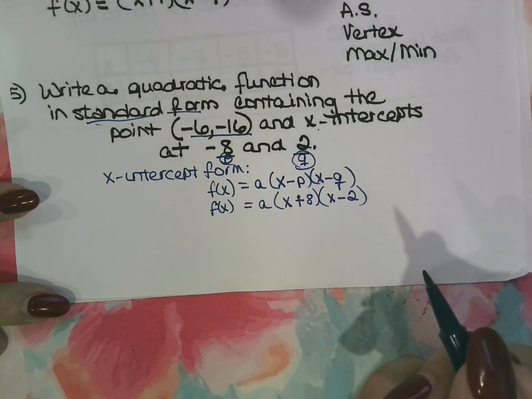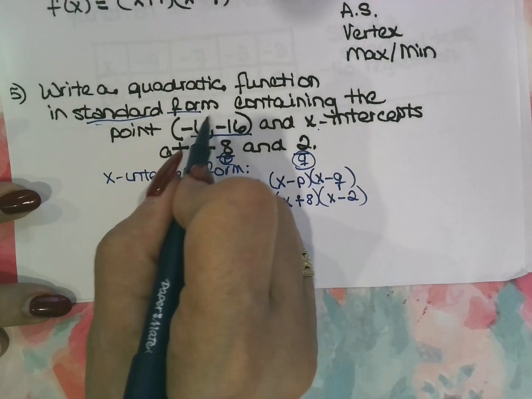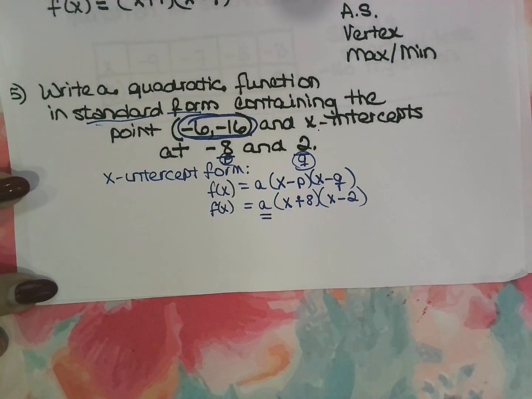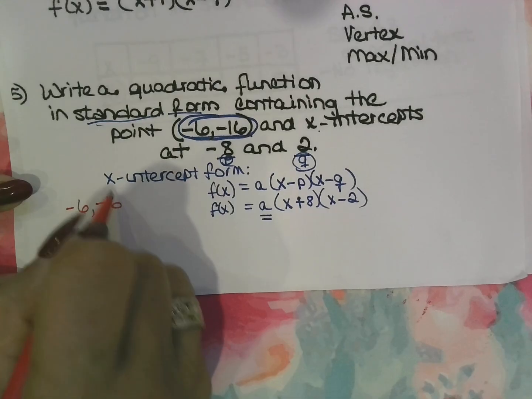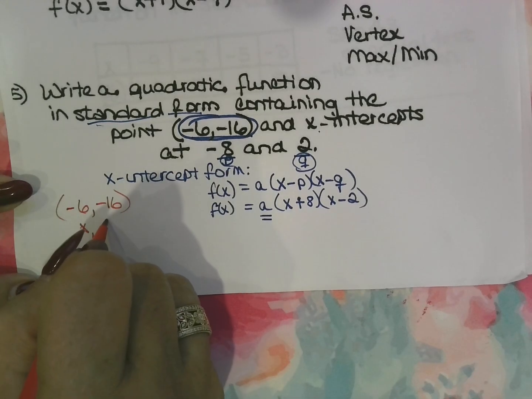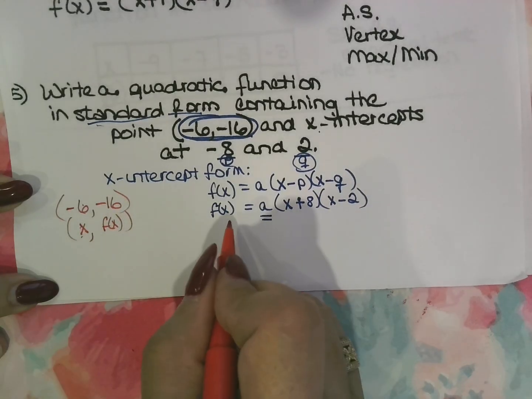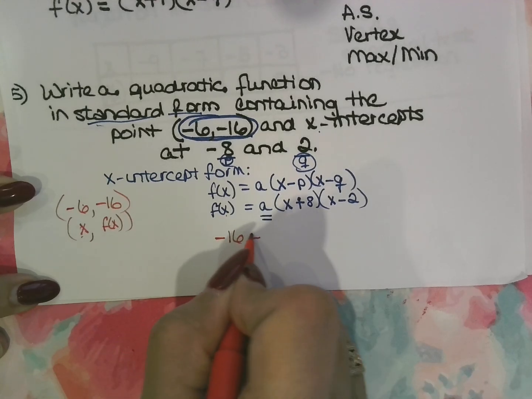All right, so now we have this. We need to figure out what a is. In order to figure out what a is, we're going to use that random point that they gave us of -6, -16. Remember, this is your x, and this is your f of x, right? So wherever there's an f of x, I'm going to put a -16.